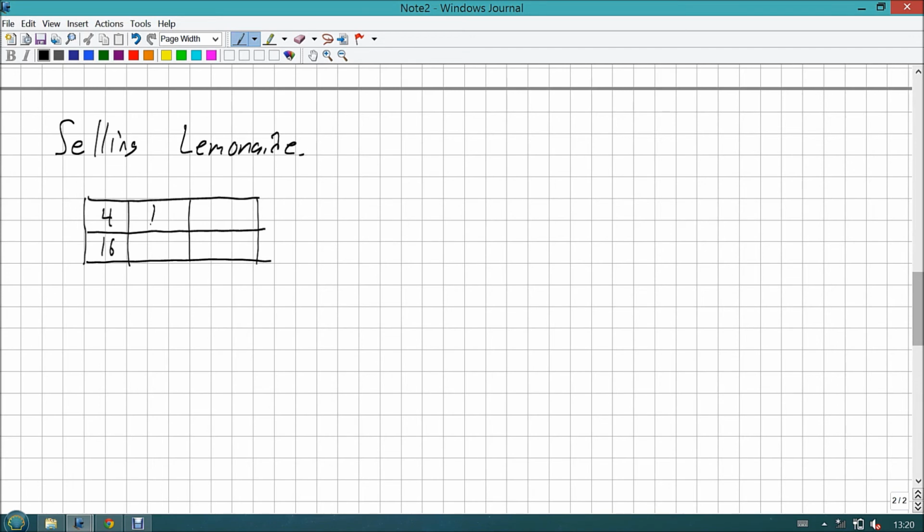When he sold 10 lemonades, he got 40 cents. And when he sold 50 lemonades, he got $2. First question, is this direct variation? If so, what's the formula?